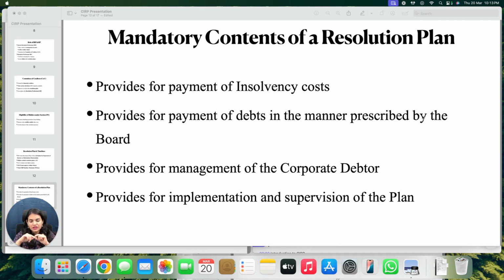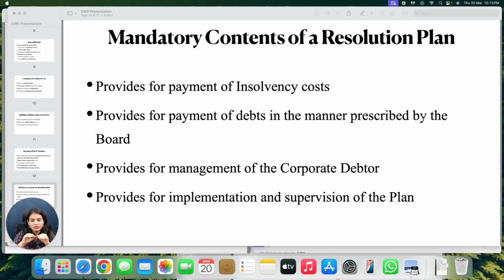Provides for implementation supervision of the plan. So once the resolution plan is approved by the NCLT, the resolution plan must be executed. So for this execution aspect, a neutral third party must also be in place who is going to oversee and supervise this implementation of the resolution plan.